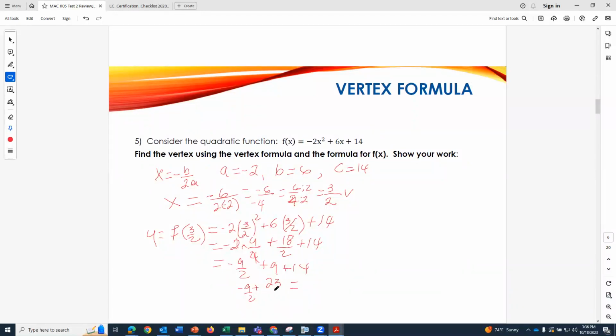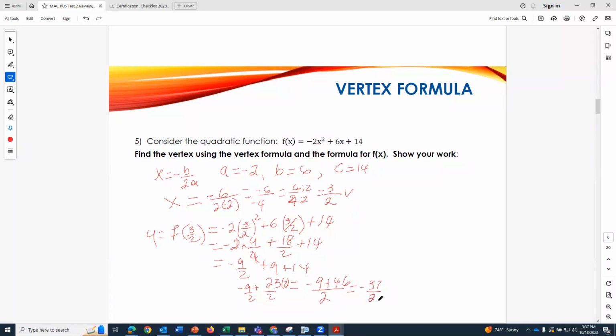When we multiply by 2, that will be negative 9 plus 46 over 2, and 46 minus 9 is 37, so 37 over 2.